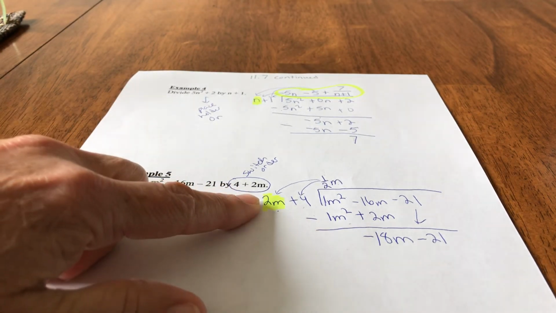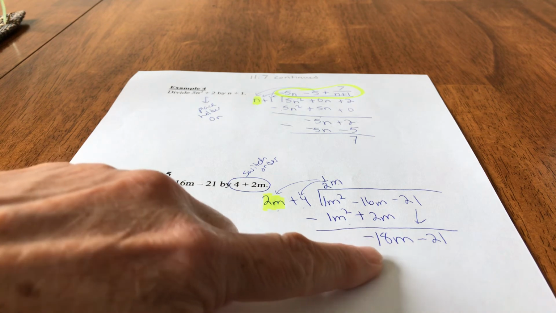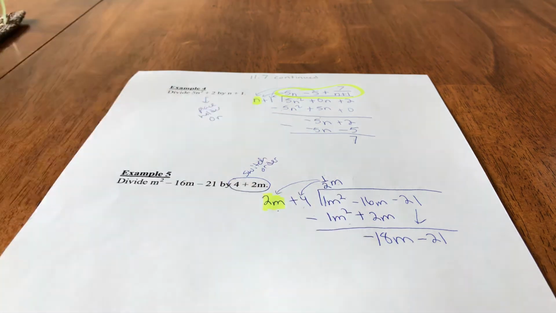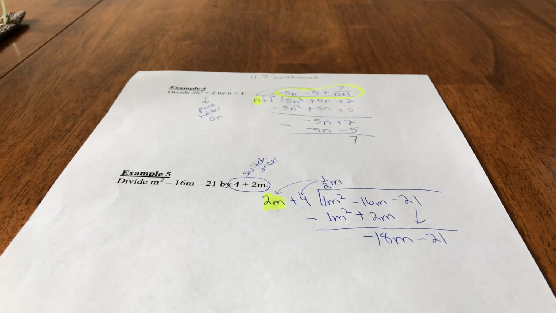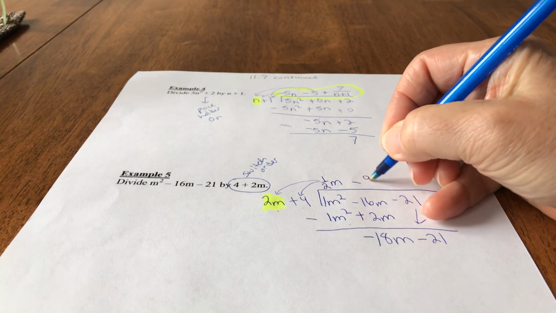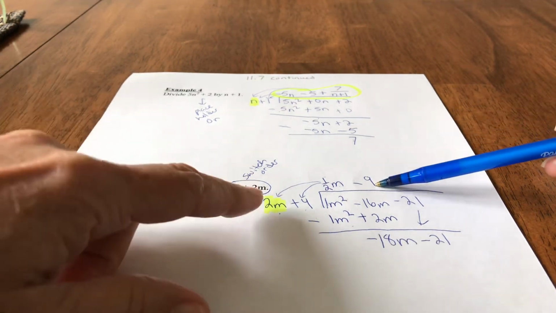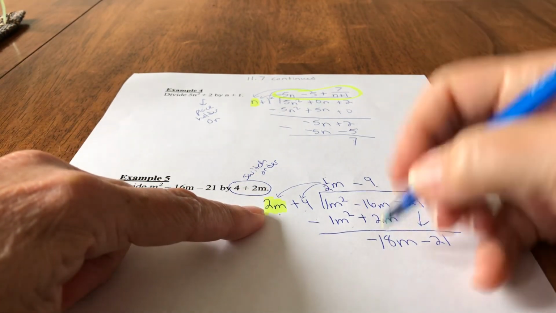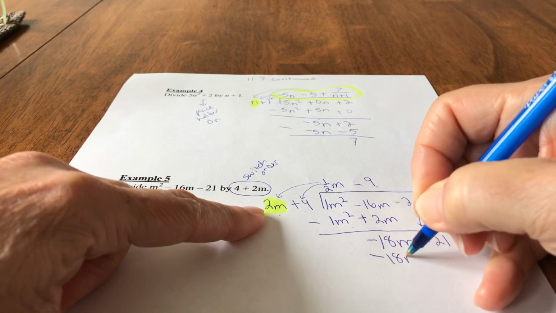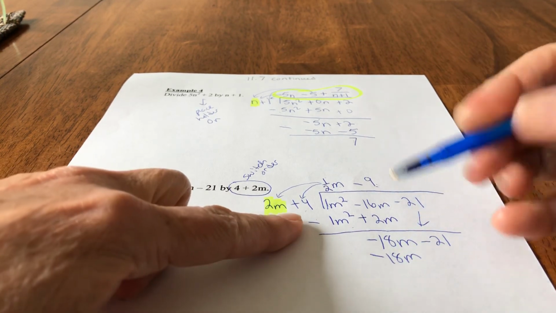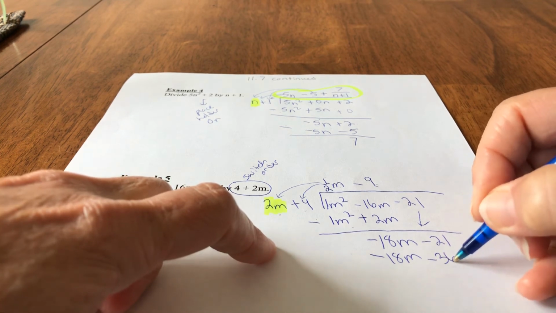So 2m times what is going to make negative 18m? That should be a negative 9. Negative 9 times 2m is negative 18m. Negative 9 times 4 is a negative 36.